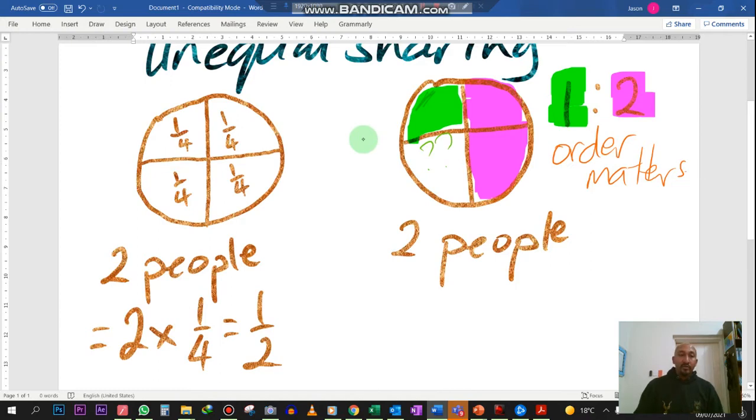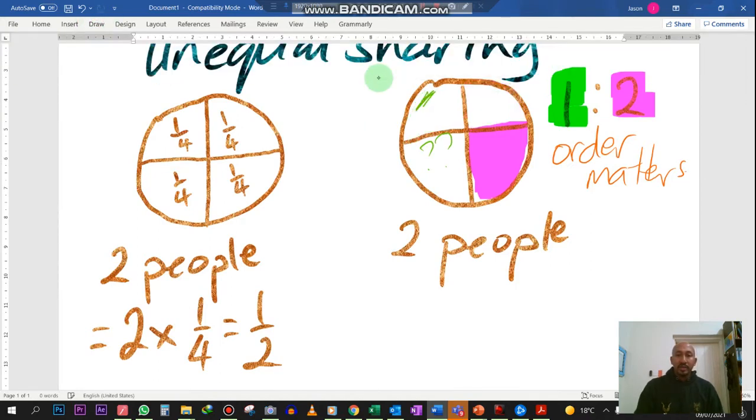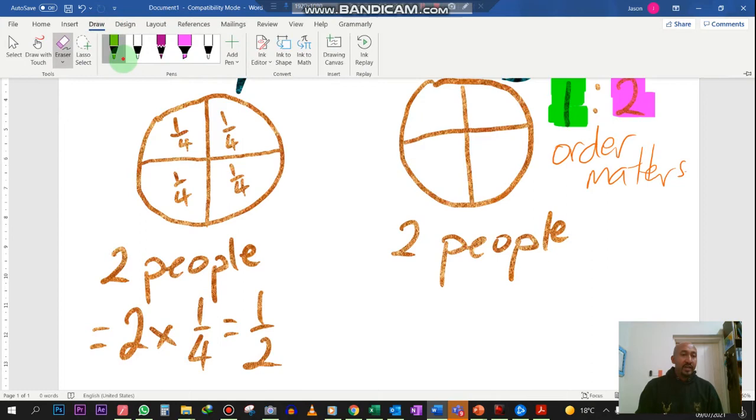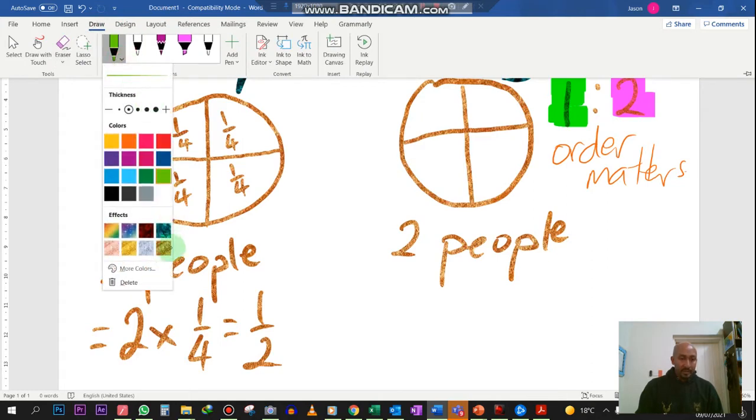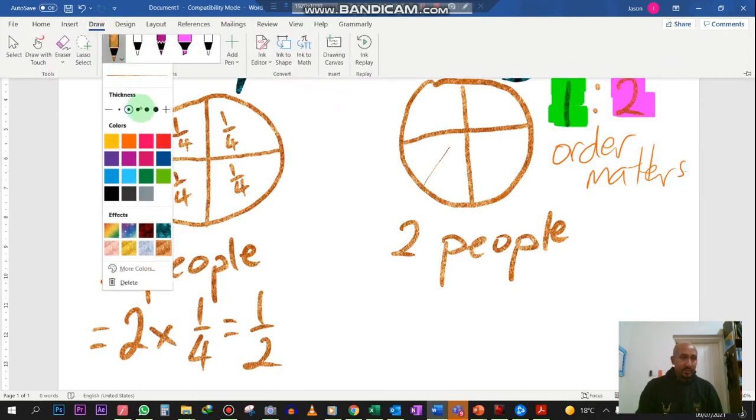Now, the way ratio works is that we can continue to apply the same idea proportionally. So what that means is if I continue to divide this pizza up, and let's say I make it into 8 pieces. Oh, that's a very skinny piece. Make it a bit fatter.